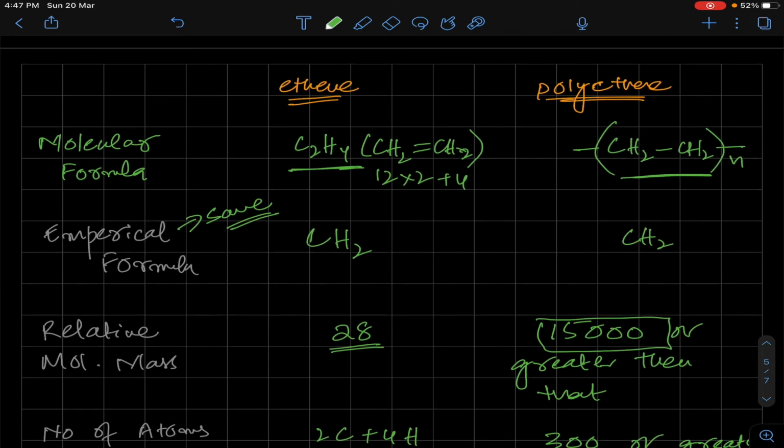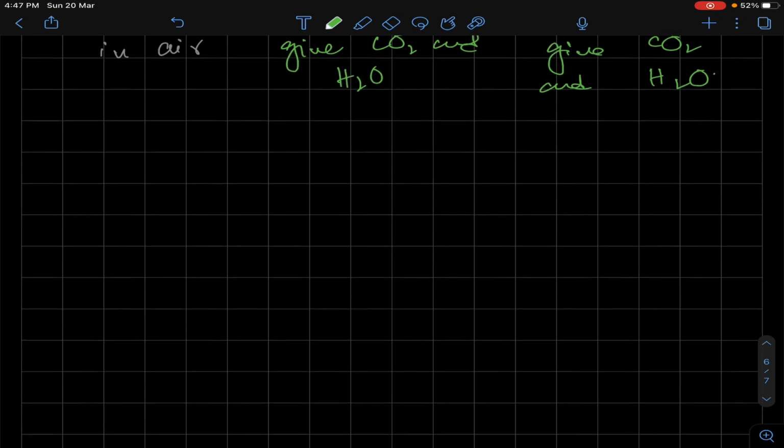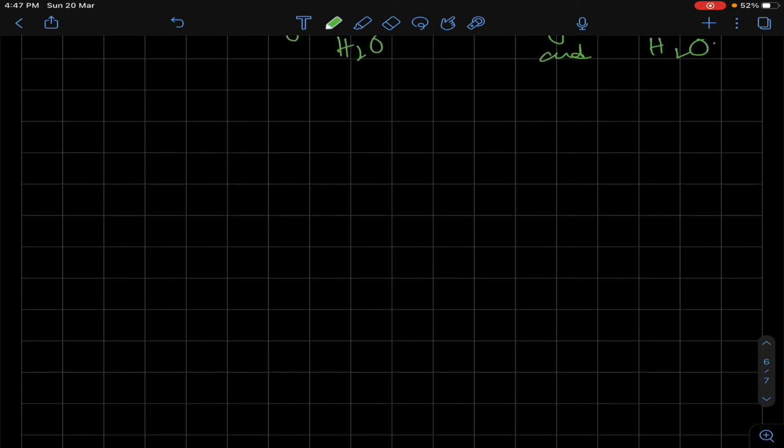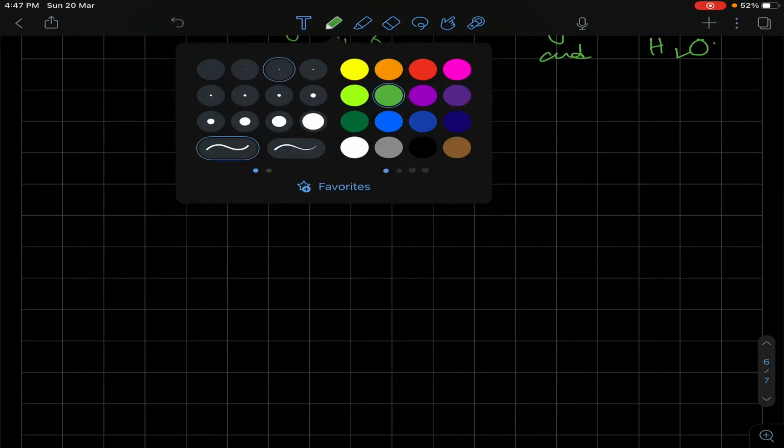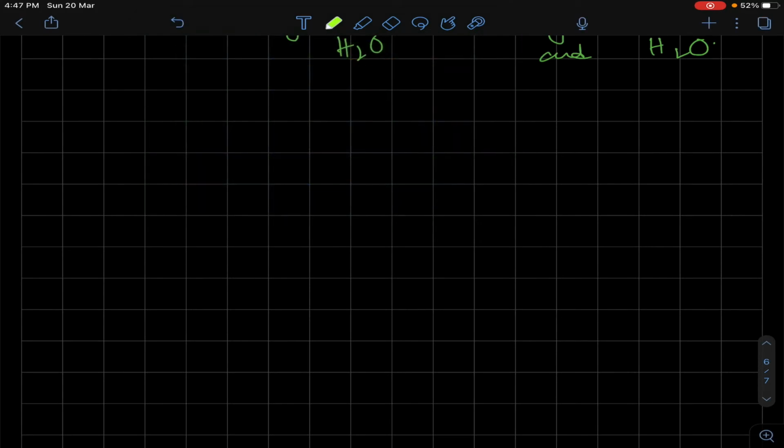And next, we will discuss a few more examples of addition polymers and their uses. You might get some questions in P1 related to the uses of addition polymers. As we have discussed polyethene, first let's just talk about polyethene. This is the polyethene molecule, right?